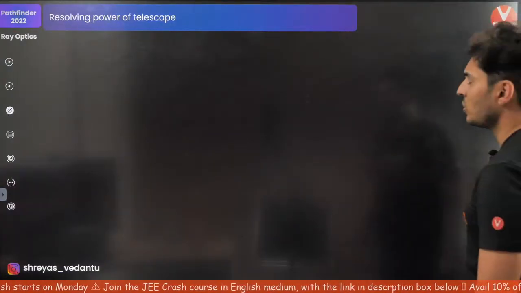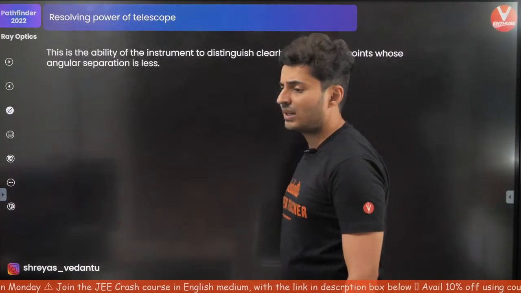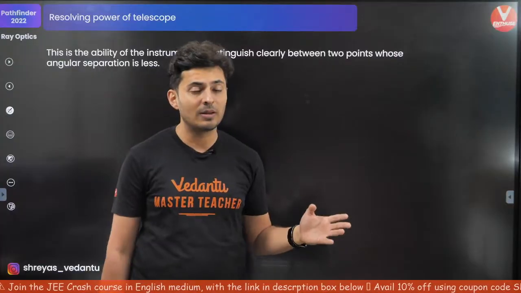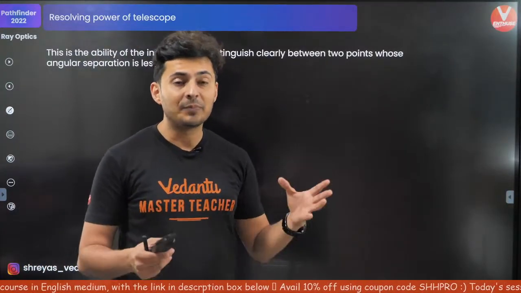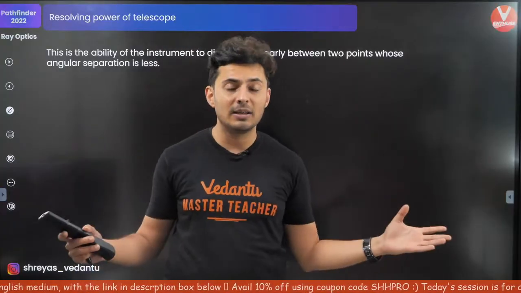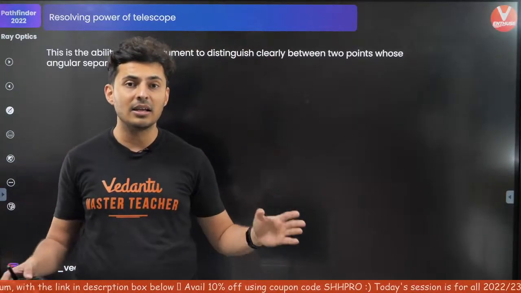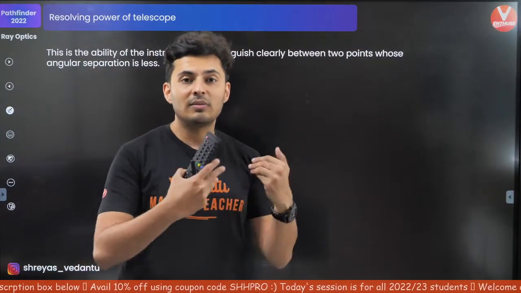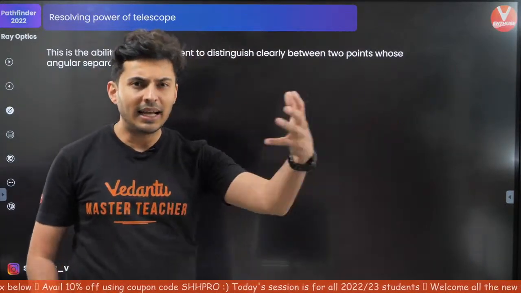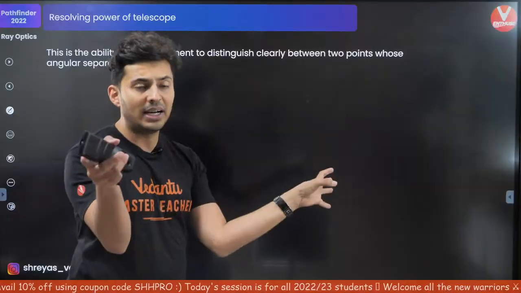Let's solve some questions, but before that, resolving power of a telescope. Just like you had resolving power of a microscope, the resolving power tells you the ability of a telescope to resolve the images distinctly, clearly, without there being any interference because of the diffraction patterns. When the light rays enter through a hole, they bend, they spread.